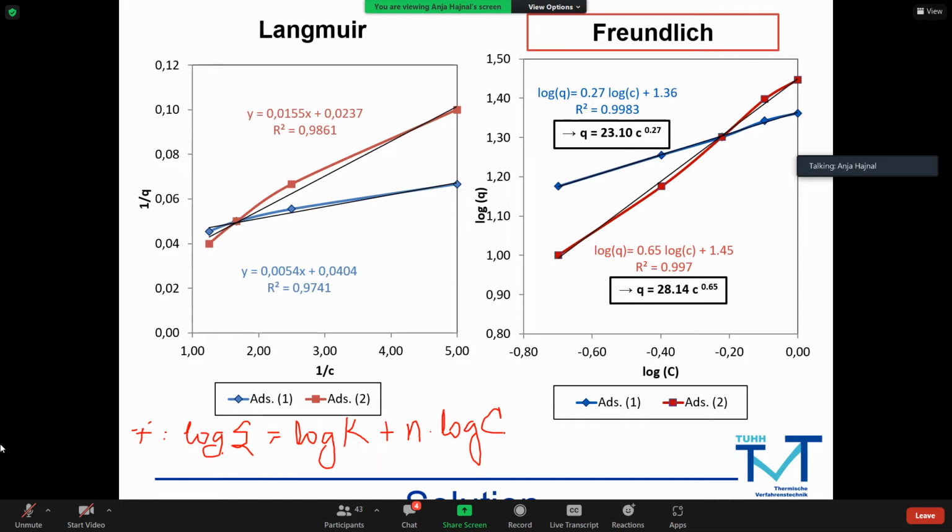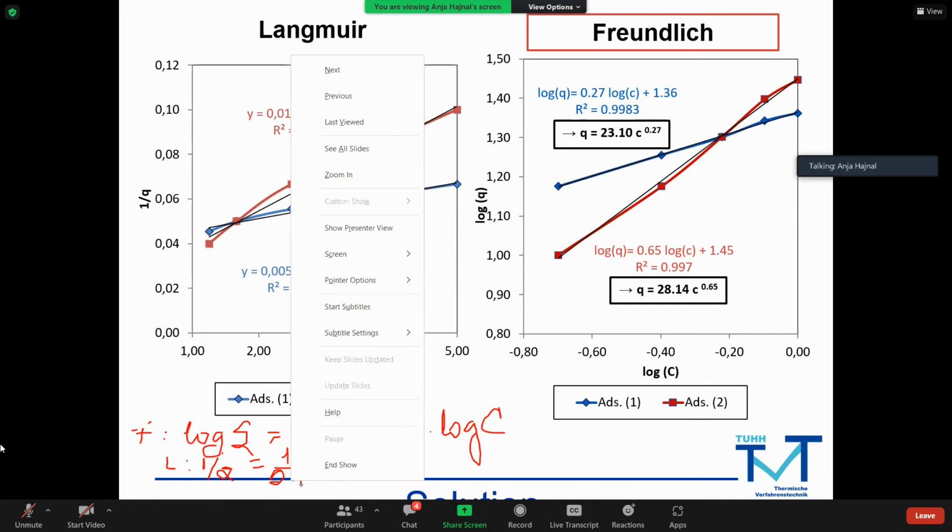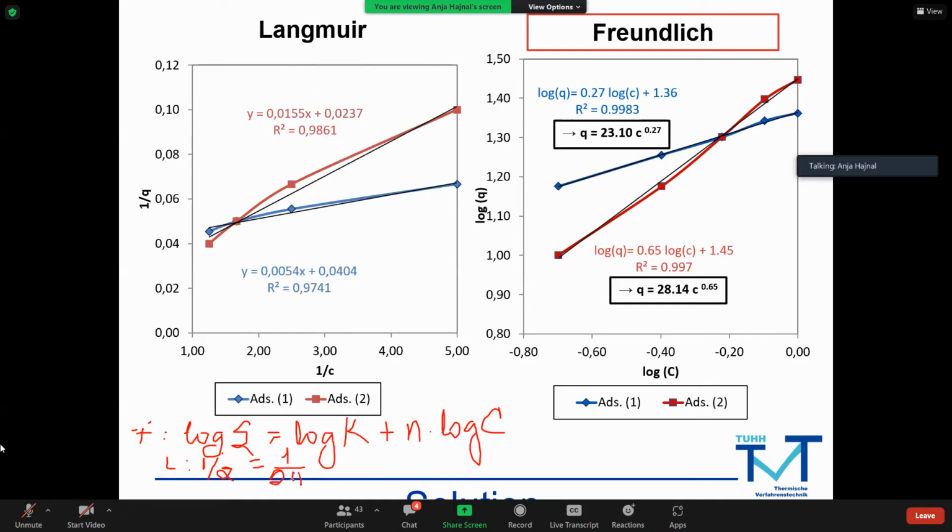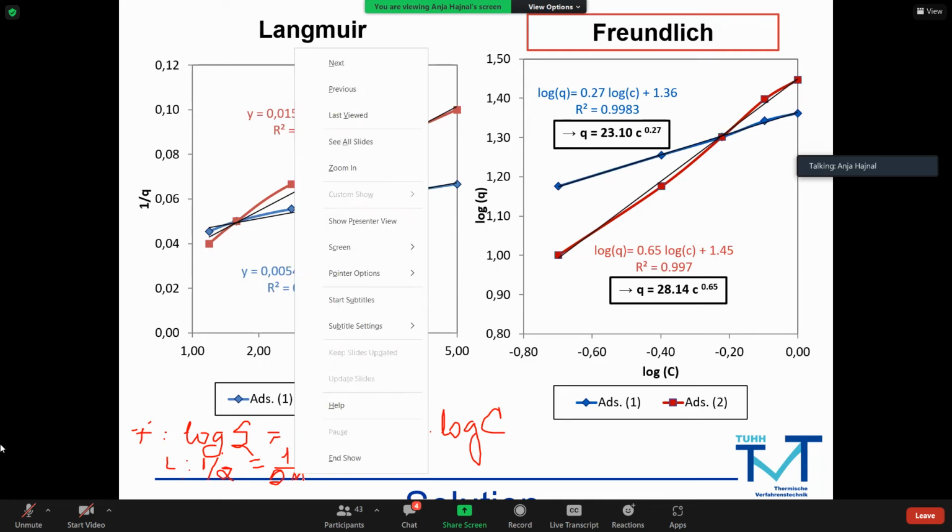This is the Freundlich. For Langmuir, you should get 1 over your loading equal to 1 over QM, which is this constant.